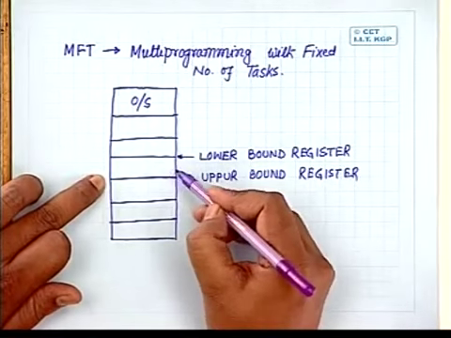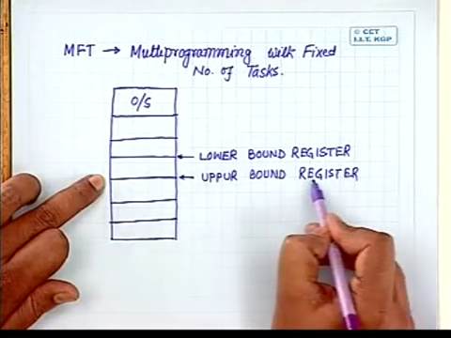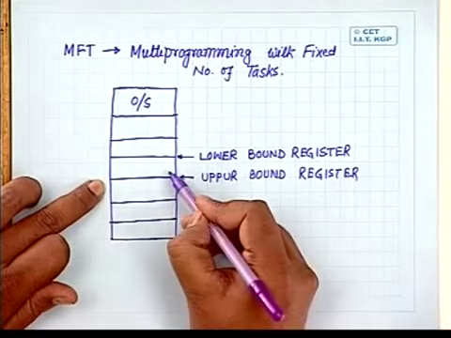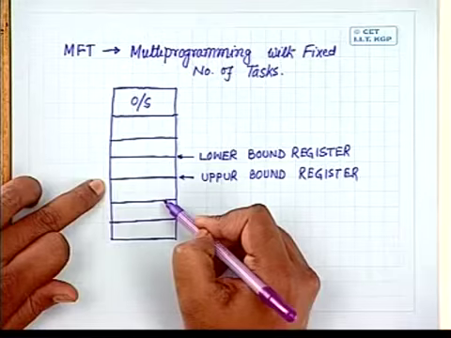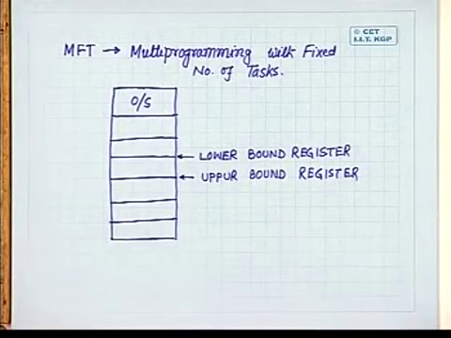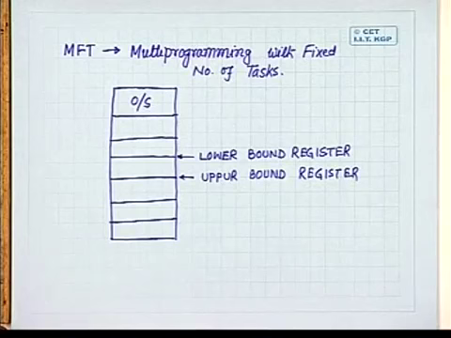Similarly, if the address generated by the CPU is more than the upper bound register content, then also the process is trying to access some memory area which is not allocated to it. So now instead of having only one check on the fence register, I have to have two checks, one with the lower bound register content, the other with the upper bound register content. So I have to have two comparisons. Again, these comparisons can be made in hardware.